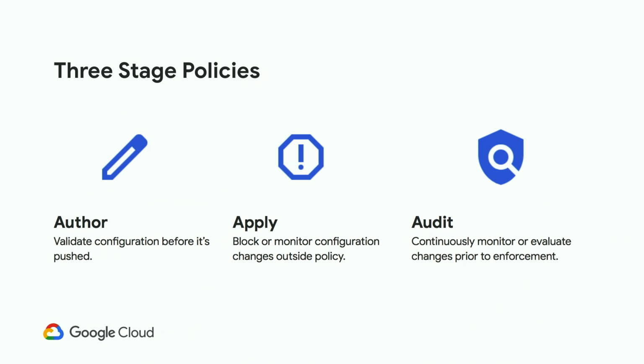So now there are three sort of stages to the policy development process, right? There's obviously the authoring step, which is where you're going to validate the rules in your approach. And then there's the application of it, where you may want to just firmly deny anything that is out of compliance or that violates your rules. Or there's a third step where you can say, we want to allow objects in that may potentially have violations, and we just want to audit them, right?